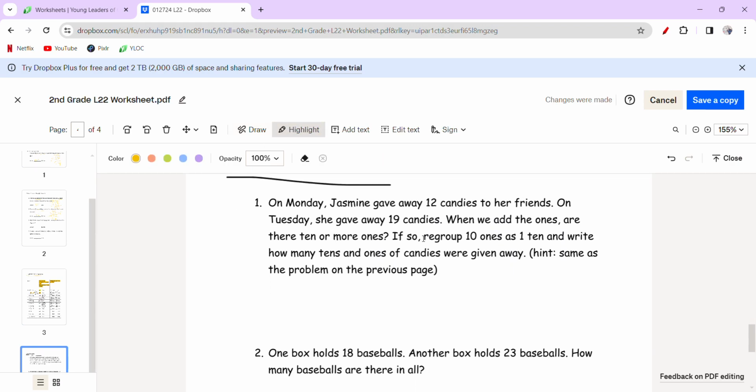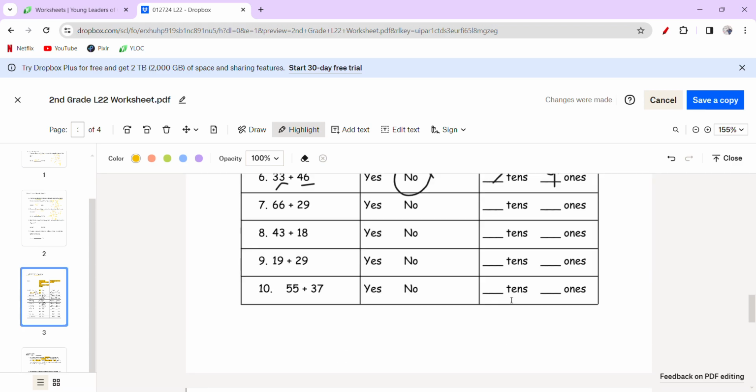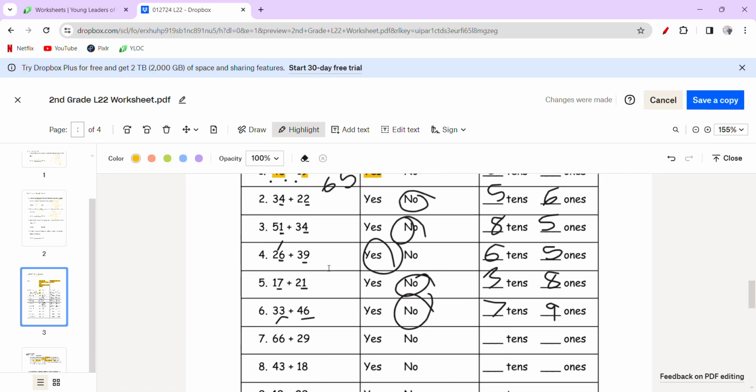On Monday, Jasmine gave away 12 candies to her friend. On Tuesday, she gave away 19 candies. When we add the ones, are there 10 or more ones? If so, regroup 10 ones as 1 ten and write how many tens and ones of candies were given away. So this is the same question as these that we just did.